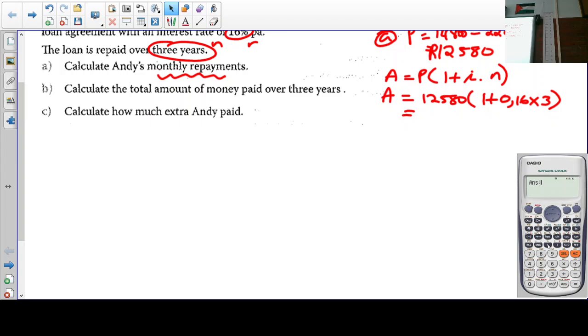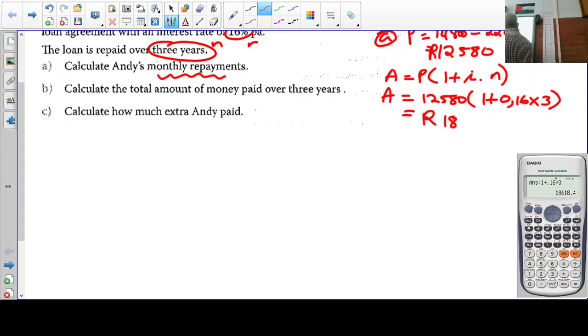Ans into 1 plus 0.16 times 3 gives us 18,618 rand and 40 cents. You all agree with that?